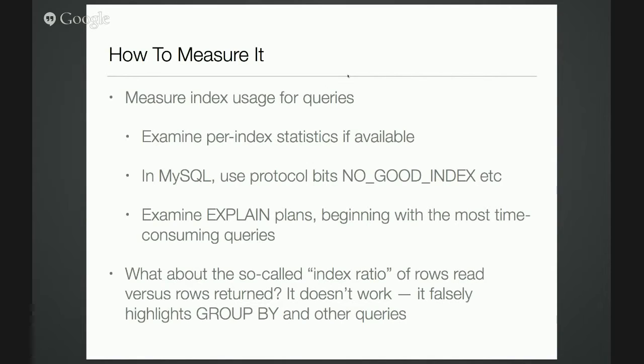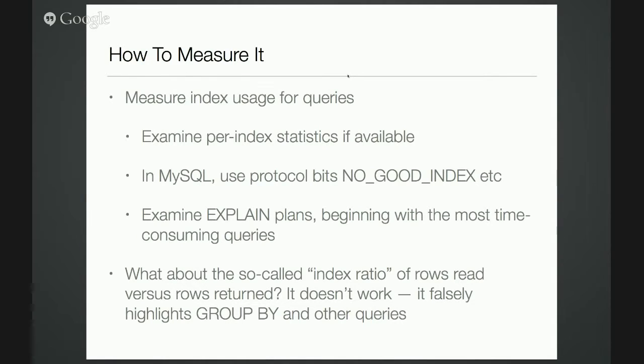There's a really popular thing in the MySQL community that came from some information written into the MySQL slow query log. There are a couple of metrics in the header of every query in that slow query log: the rows read and the rows returned. And there's a popular cargo cult rule of thumb, I would call it, about this index ratio, the ratio of rows read to the rows returned by the query.